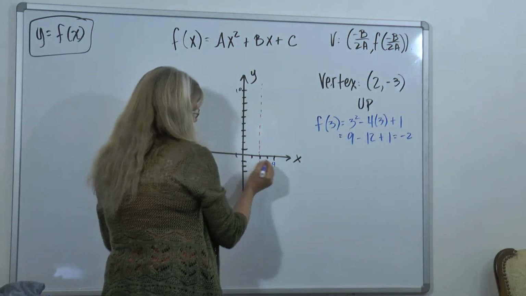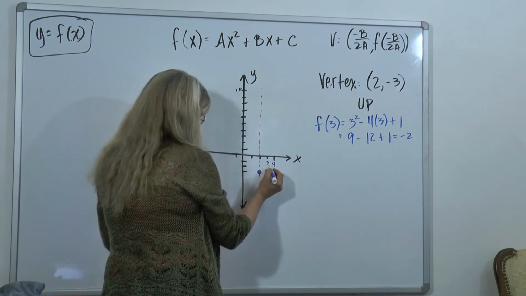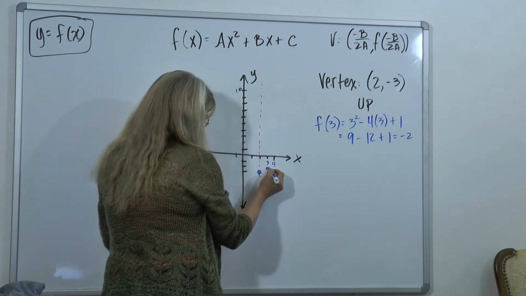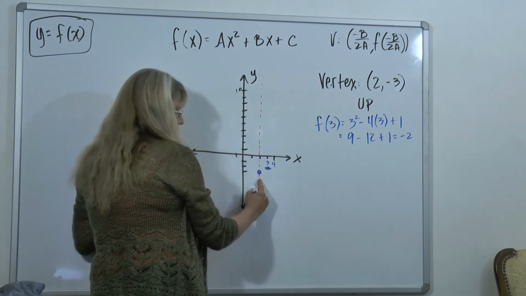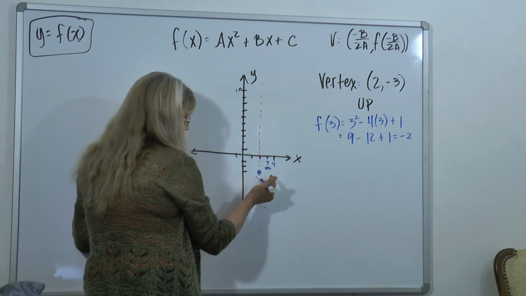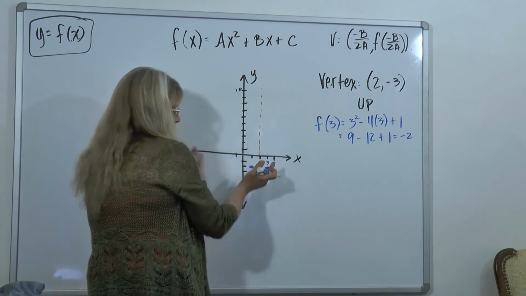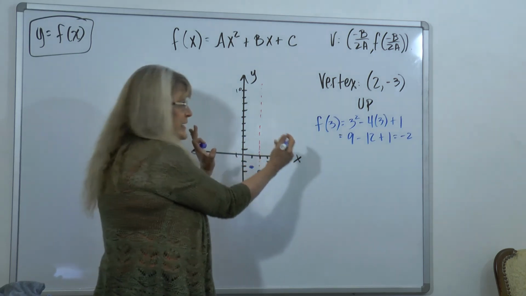Okay. So, from the origin, when x is 3, y is negative 2. Okay? So, the symmetry is, if I go over one space, it's going to go up to -2. One space this direction goes up to -2 as well. And remember, that's not enough information. I want to get a little wider.